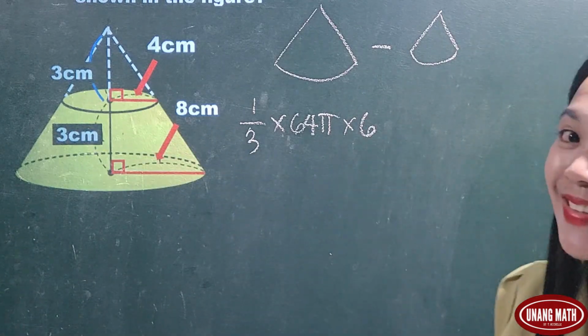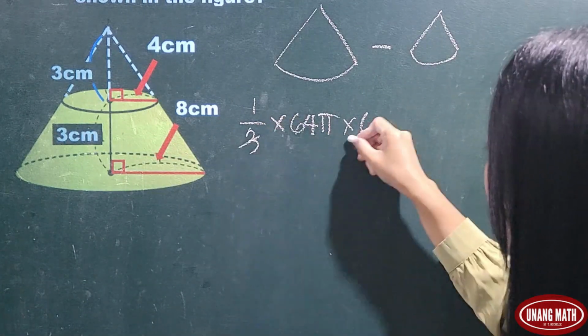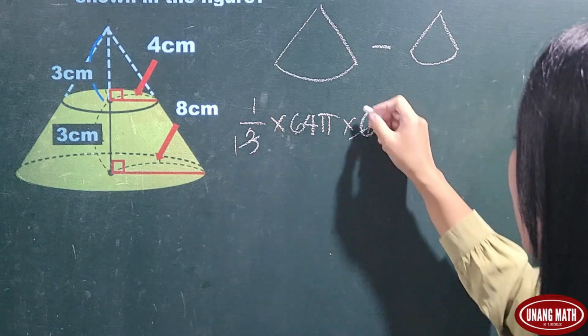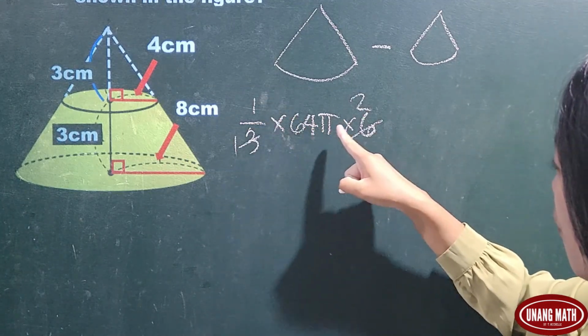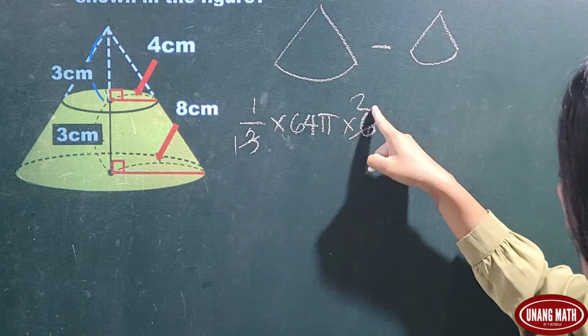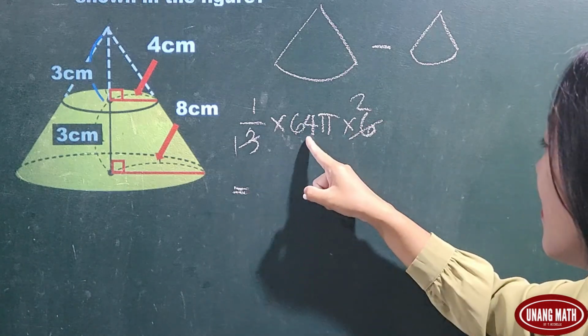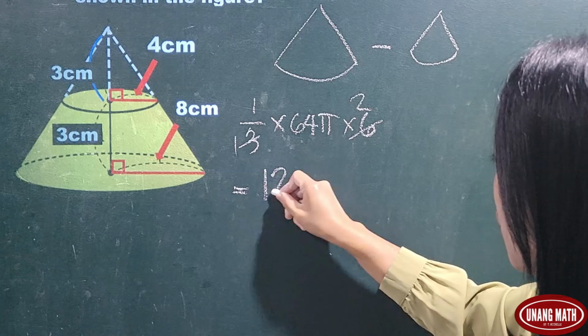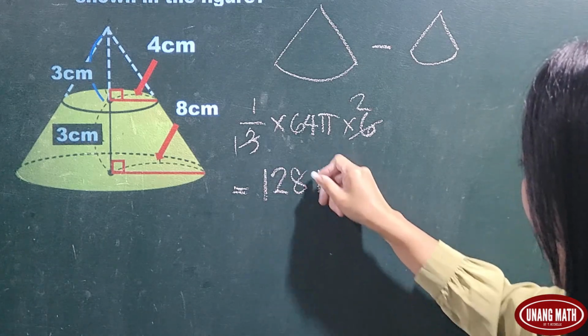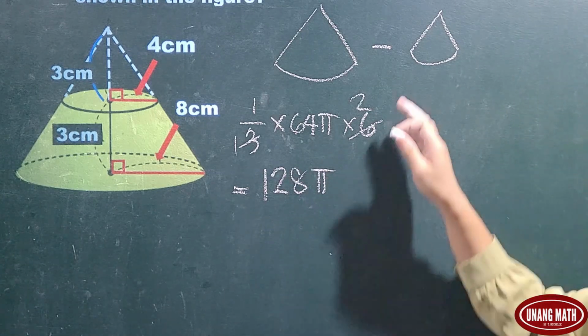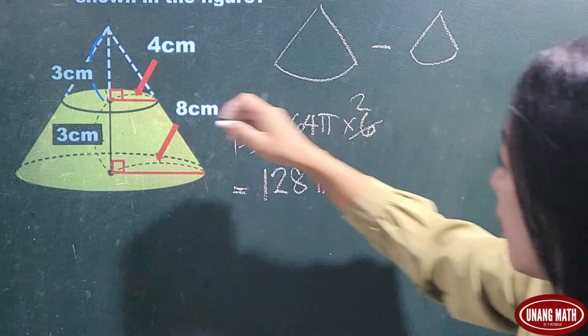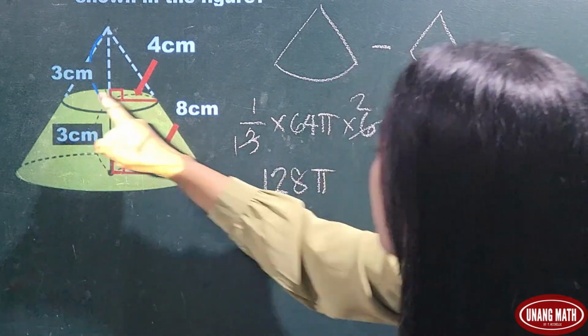So times 6. Simplify. This is going to be 1 and this is 2. So 1 times 64 pi times 2 is equal to 128 pi.